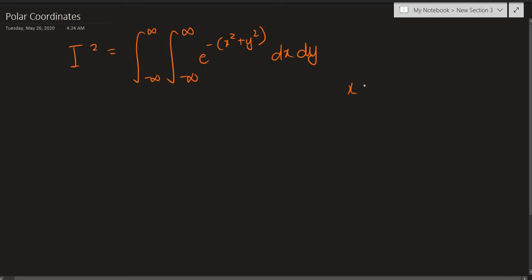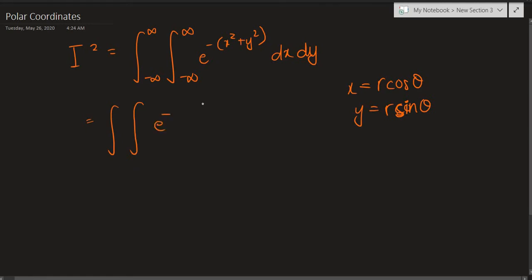So as I said, converting to polar coordinates, we have x equals r times cosine of theta, y equals r times sine of theta. So let's plug that in. We have the integral now. We'll fix the upper and lower bounds later.